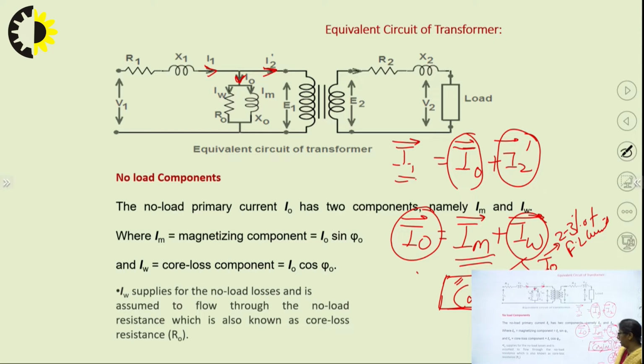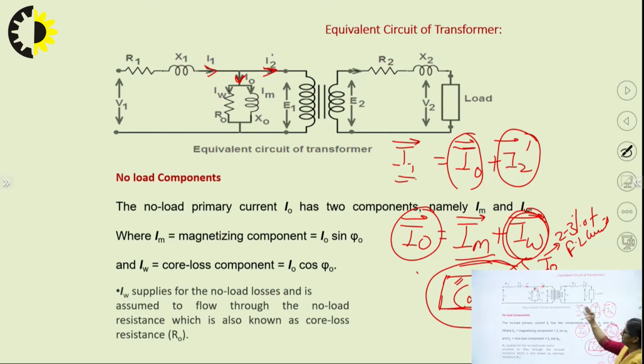So this working component IW is taking care of the complete core losses and a very negligible amount of copper losses which we may neglect. That's why this working component is also called the core loss component.